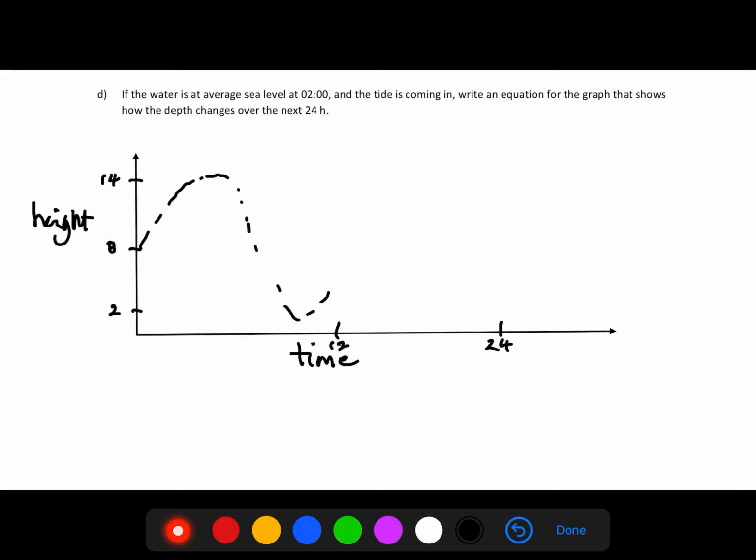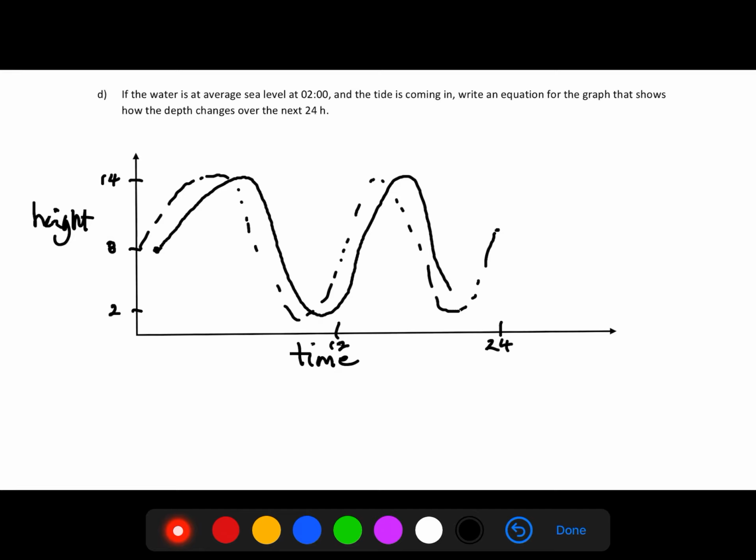So we're still talking about our 2, our 8, our 14, and we've got our 12 hours, 24 hours. So we're just going to sketch this. So our original graph looked like this. Okay, this was our original graph.